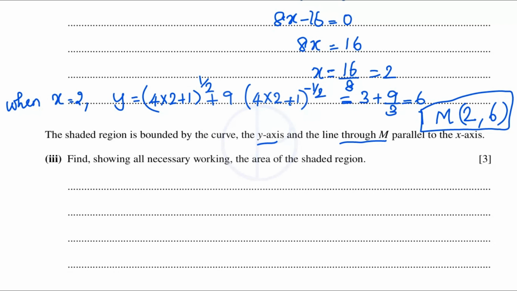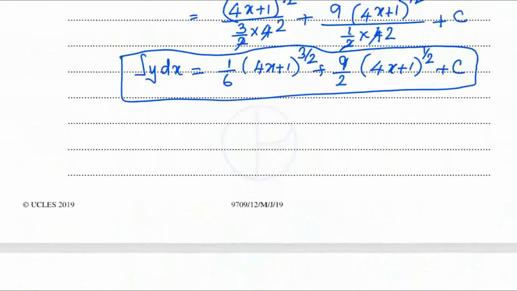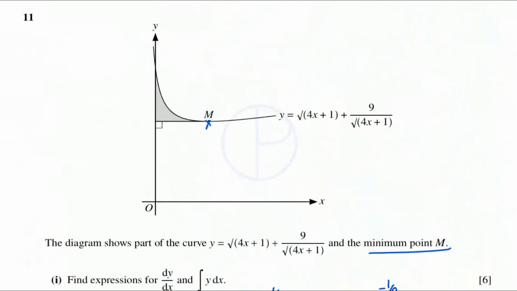The line through M parallel to x-axis means the gradient is 0. So the equation of the line through M parallel to x-axis is the gradient is 0. Okay, so this line which is parallel to x-axis, and M is 2 comma 6.